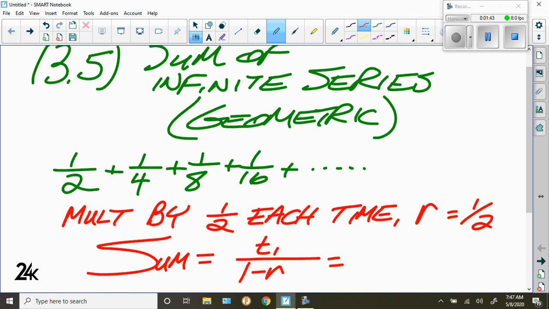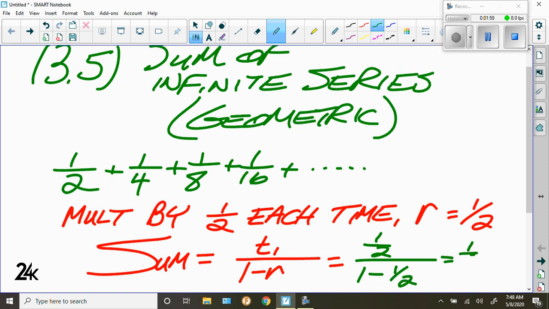So let's do this problem. So what happens if you add this to infinity and beyond? The first term would be a half. The bottom would be 1 minus a half. Oh, okay.